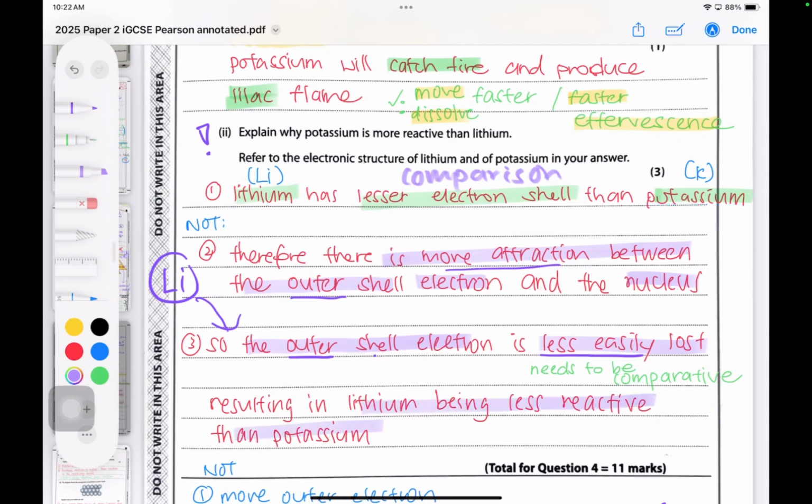If you can pause for a while and understand here, being reactive basically means how easily the electron is given away, how easily the atom is willing to lose its valence electron. In this case, because lithium is able to hold on to its electron so tightly, it is not so reactive because the electron stays within the atom and is not given away.